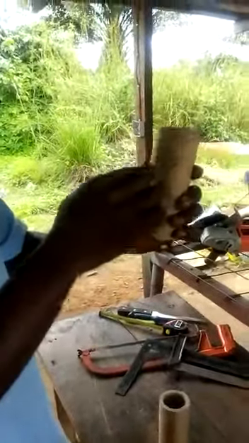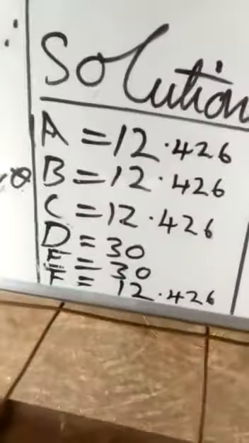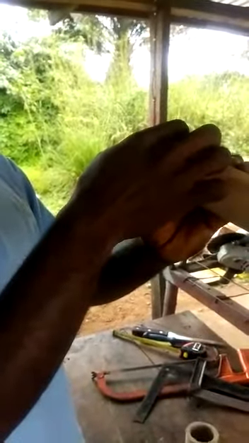If you turn to the other side, the branch, here is E. If you check here, E is 30. Then you mark from here to this point, E, which is 30. You now have a dotted line.